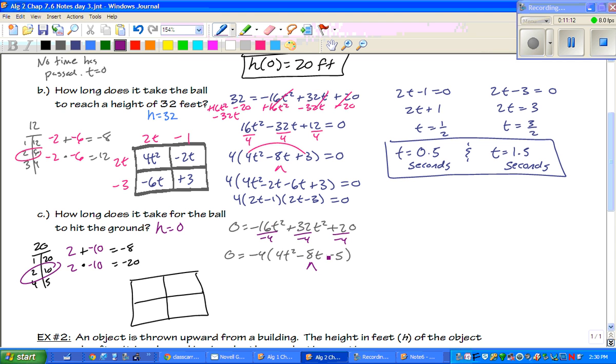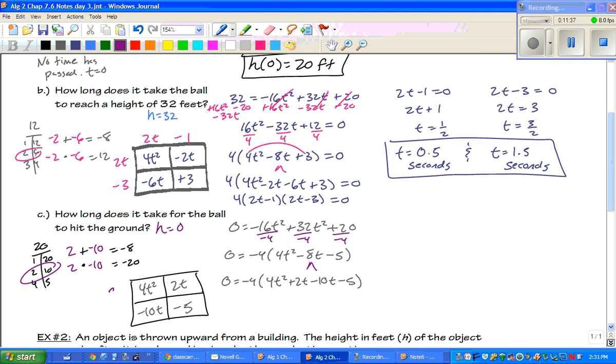So when we split the middle term, like we just did, 4t squared plus 2t minus 10t minus 5. And that's what we're going to put in all of the boxes.